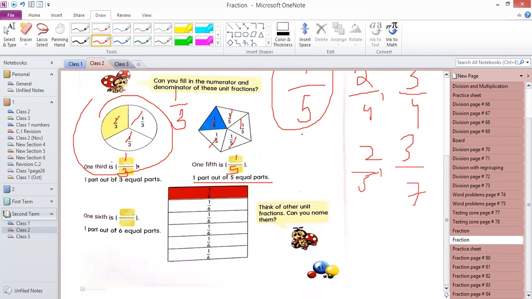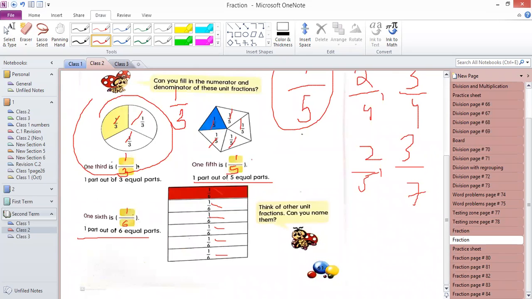Now look here. 1, 2, 3, 4, 5, and 6. There are 6 equal parts. One part is colored, so 1/6. 1 part out of 6 equal parts. So these are unit fractions because they have 1 in their numerator.